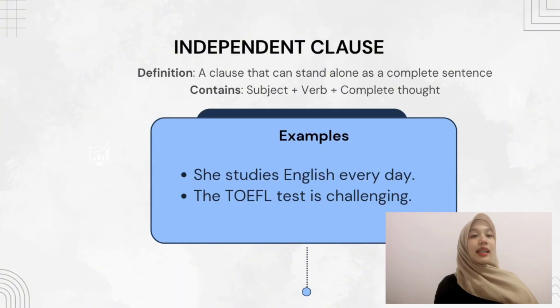The first one is independent clause. What is an independent clause? An independent clause is a clause that can stand alone as a complete sentence. It contains subject plus verb, and it is complete. For example: She studies English every day, and the TOEFL test is challenging.